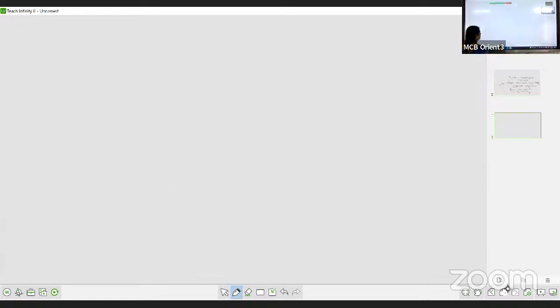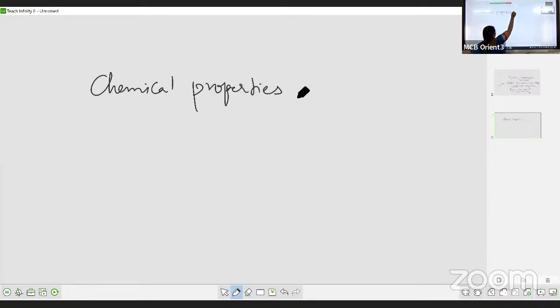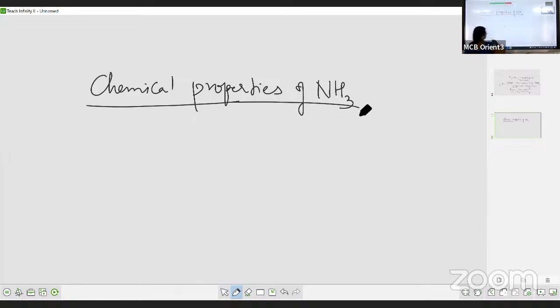The next, chemical properties of ammonia. Here, we'll come across 3 reactions of ammonia.